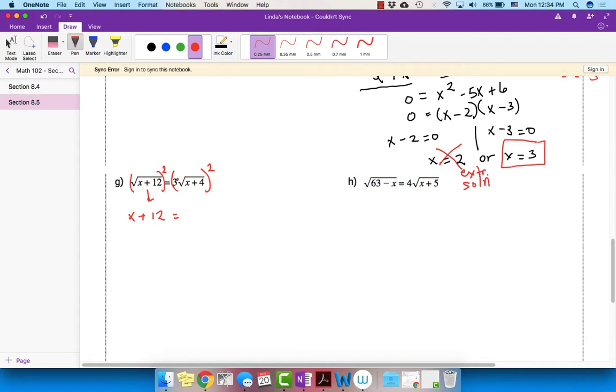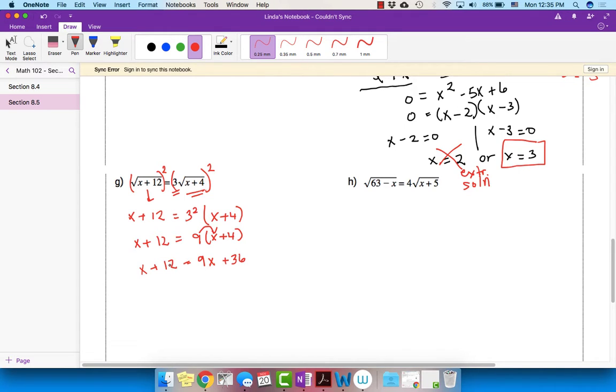On the right side, keep in mind there are two terms, so you're going to end up having 3 squared times the number that you have here, which you bring down as s plus 4. Simplify the right side a little bit: you have 9 times s plus 4, which is 9s plus 36, and on the left side s plus 12.